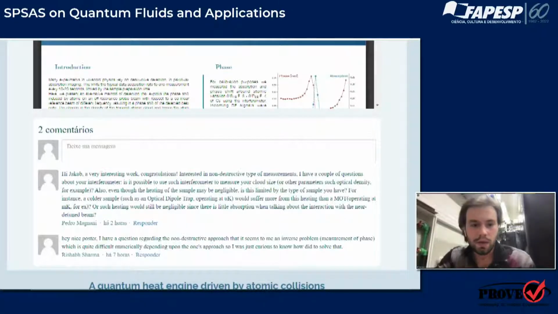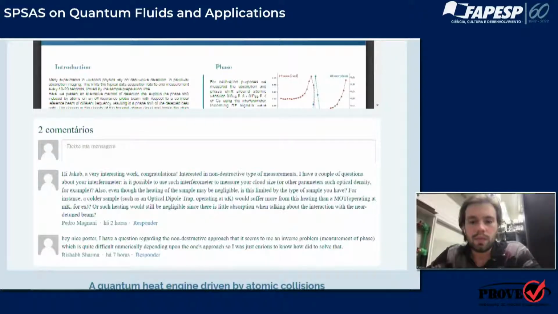And now, if I can go to the questions from the website, because I guess it's an extension of what I said now. So the first question, it's a little long, so I guess that I will only read the questions. So is it possible to use such an interferometer to measure your cloud size or other parameters such as optical density, for example?